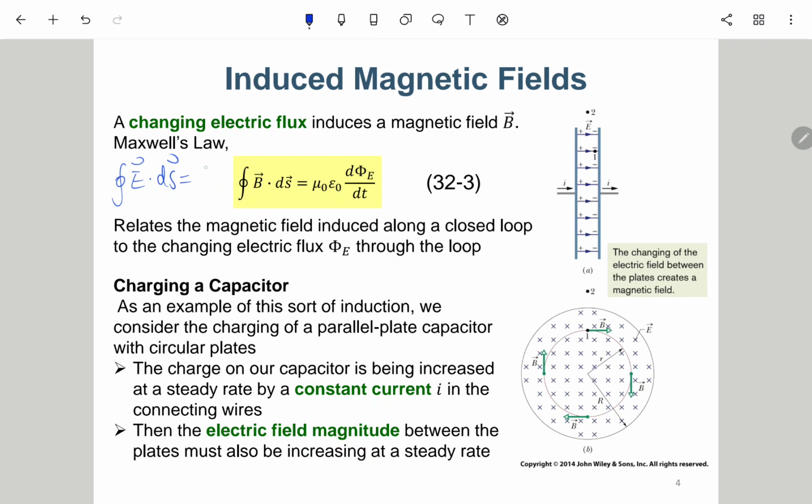So it turns out to be something like d phi B dt. This is Faraday's law. This is the so-called Maxwell's law. It says that a time-varying E field will generate a B field. Here we have the constants mu naught epsilon naught.